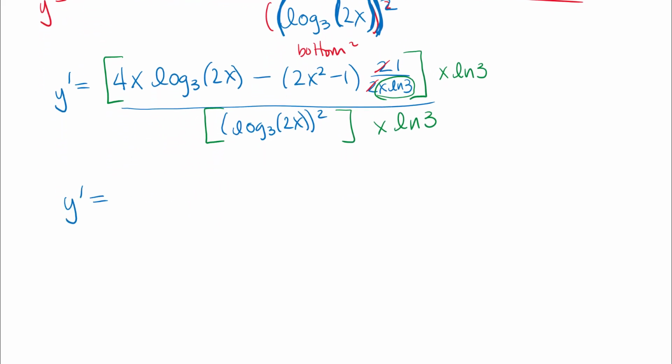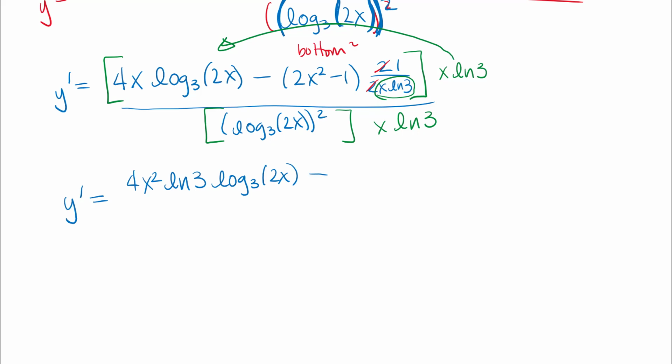All right, so y prime equals, I'm going to take my x ln 3 that I decided to multiply through by and multiply that to that entire first term, everything before the minus sign. So I'll have 4x squared ln 3 times log base 3 of 2x, a whole bunch of stuff in that first term.